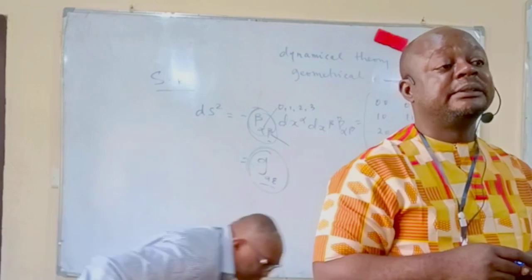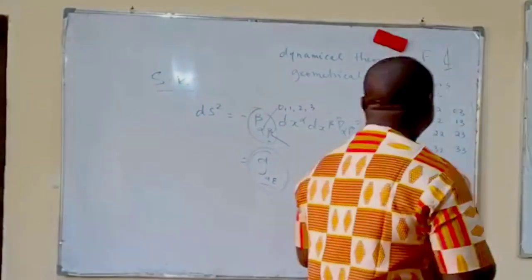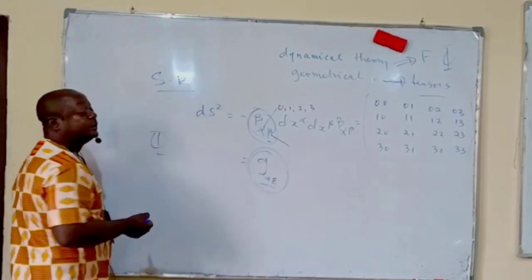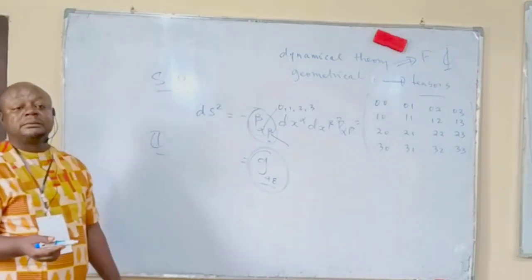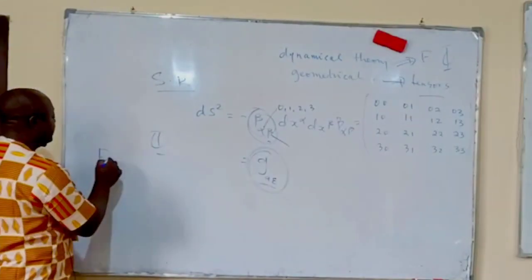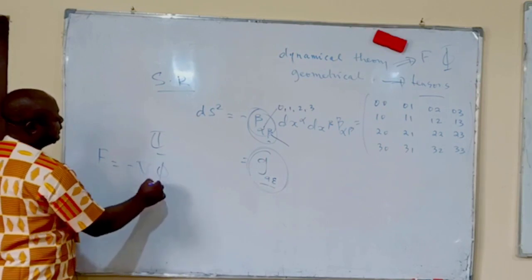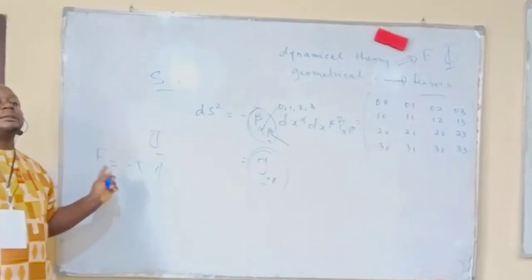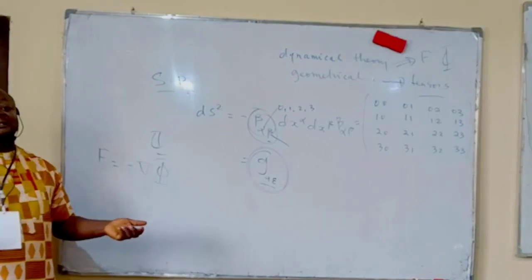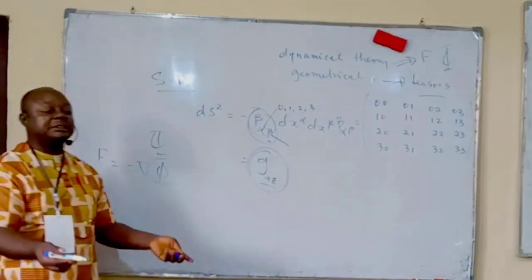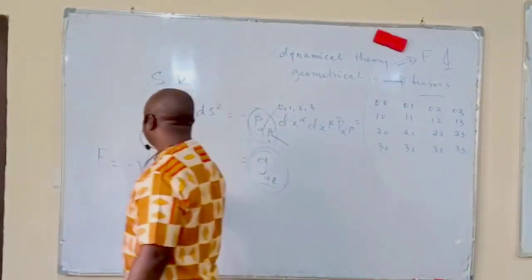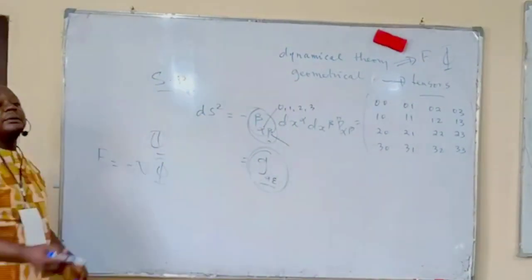Once you have the potential, you can get the force. And you can get other parameters. Once you have the force, you can get the acceleration, you can get the velocity, and so on and so forth.